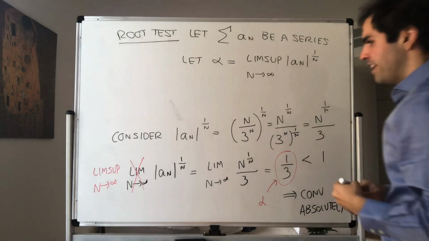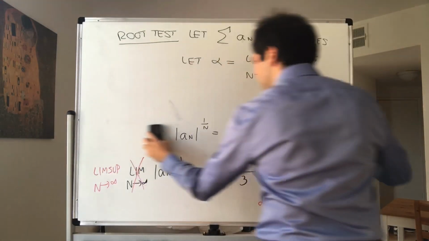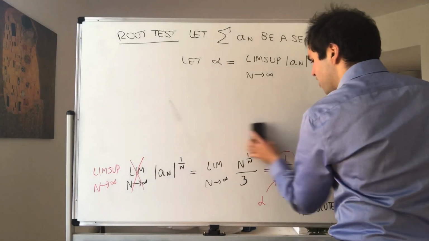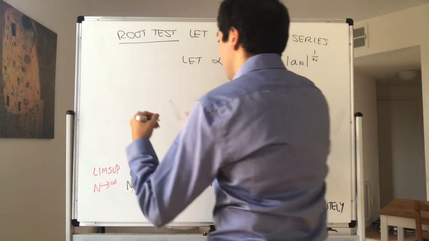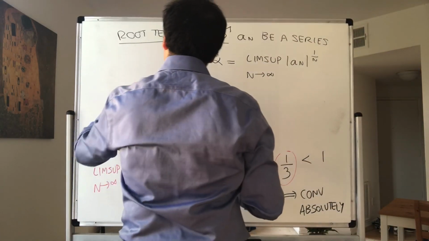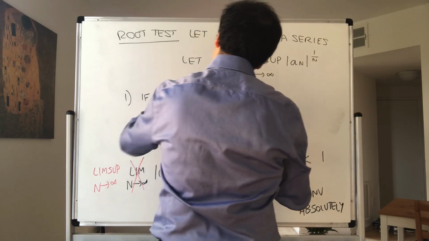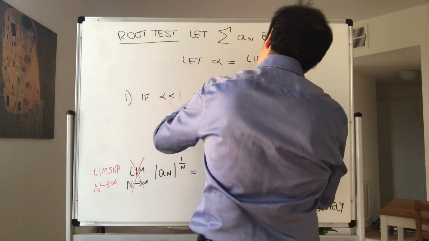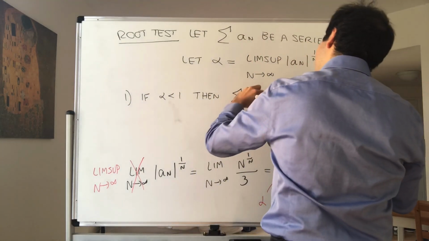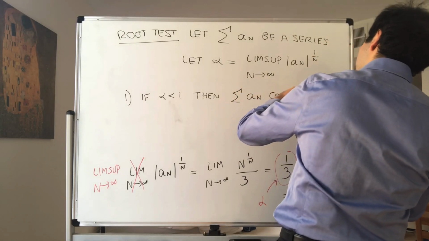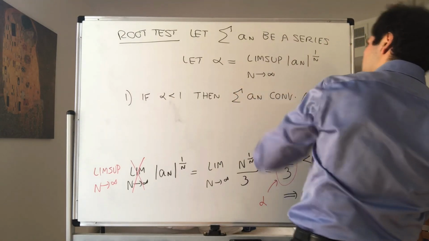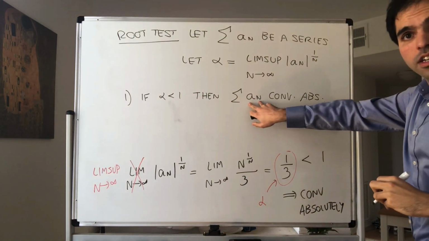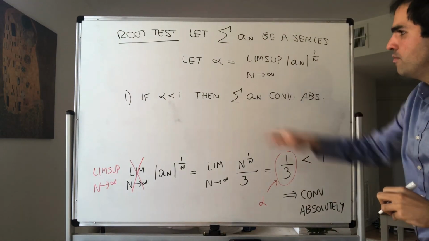Then again, it's by cases. If alpha is less than 1, like in this scenario, then the series converges absolutely. Then the series of a_n converges absolutely, meaning the series of absolute values converges.